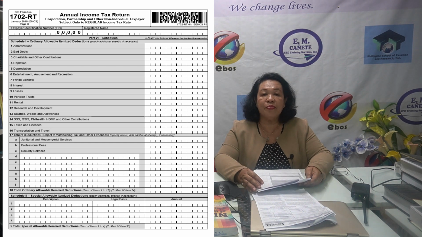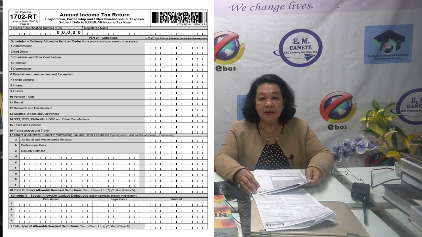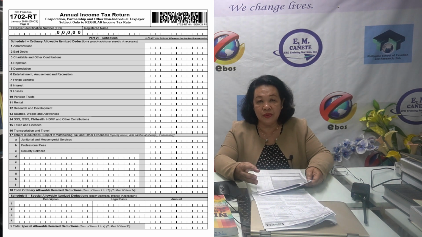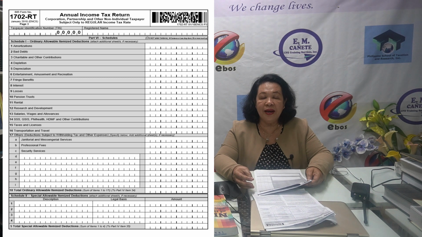Just like, for example, you have a leasehold. You make some improvements on your leased space. You rent a store or an office, and then you improve it. You spend so much for the improvement.